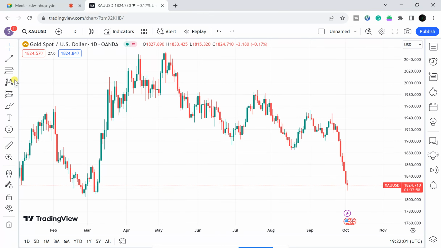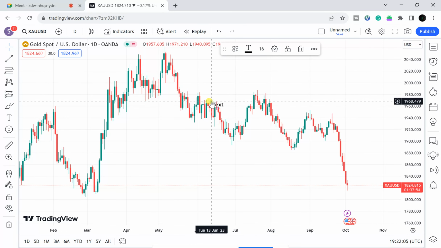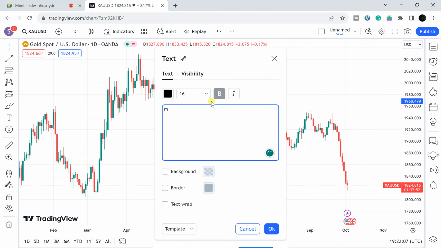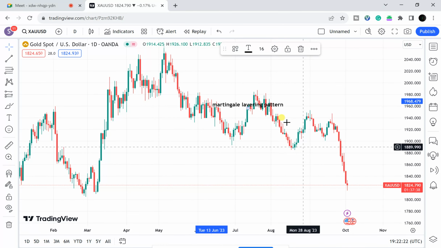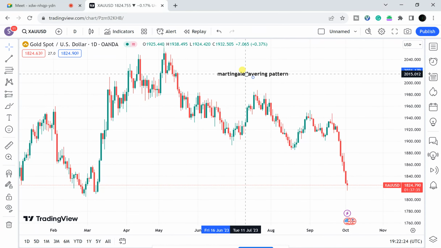Okay, for our martingale's layering pattern, this is what we use all the time for our entries and our exits in the market.